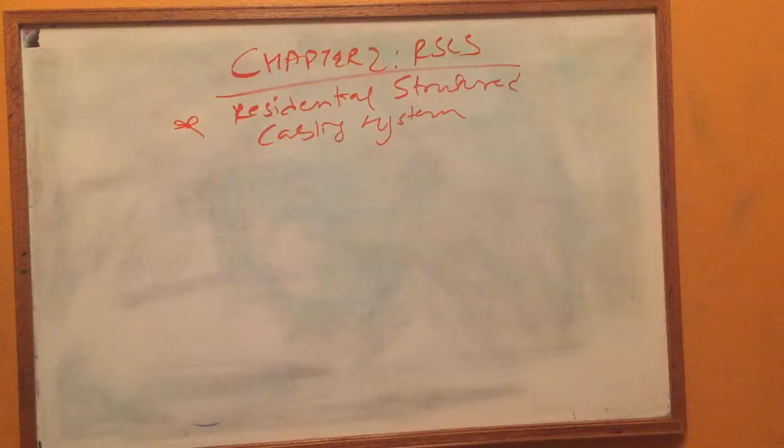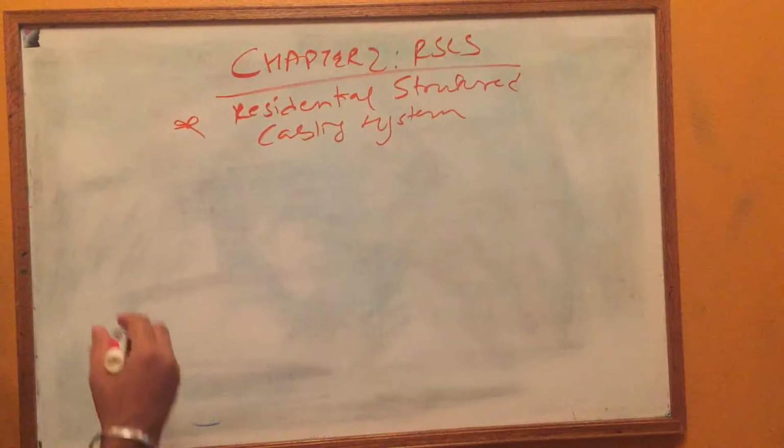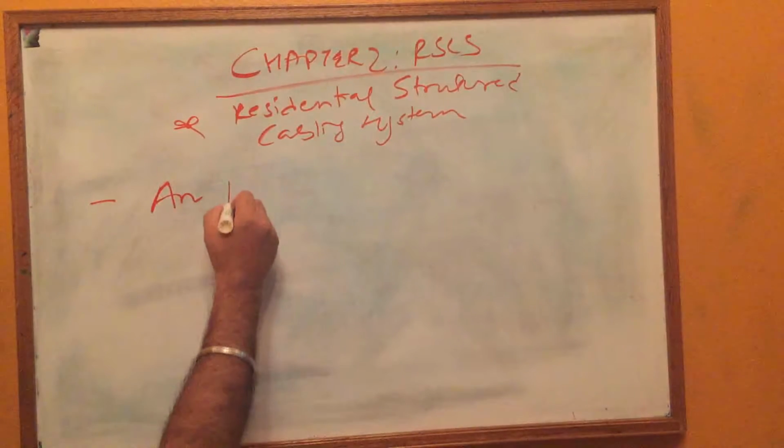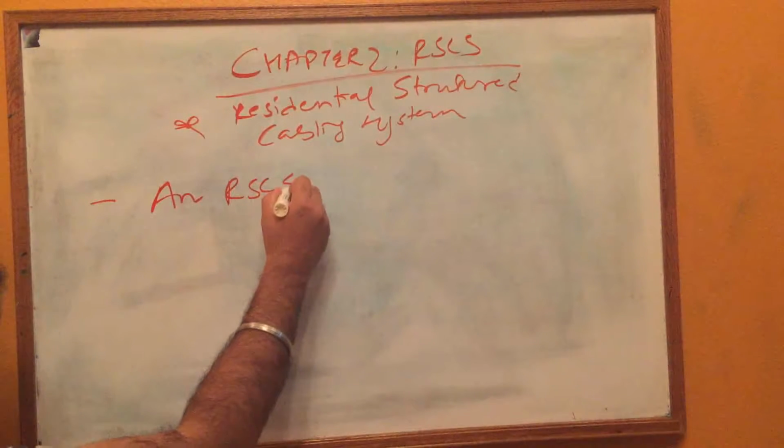The actual technical definition is: an RFCS is defined as a complete collective configuration of cabling and associated hardware at a given site that has been installed to provide a comprehensive telecommunication infrastructure. Let's go over this once again. Let's repeat it. An RFCS is what?